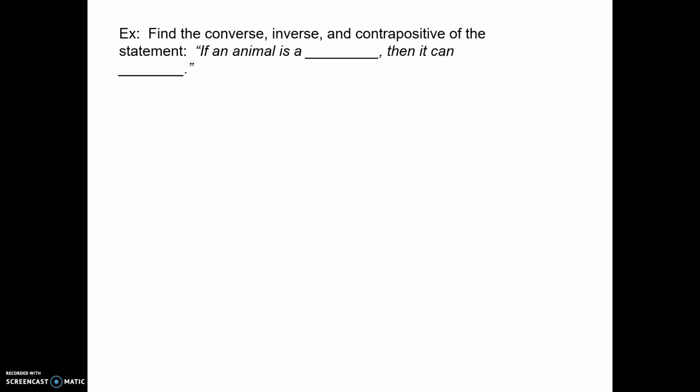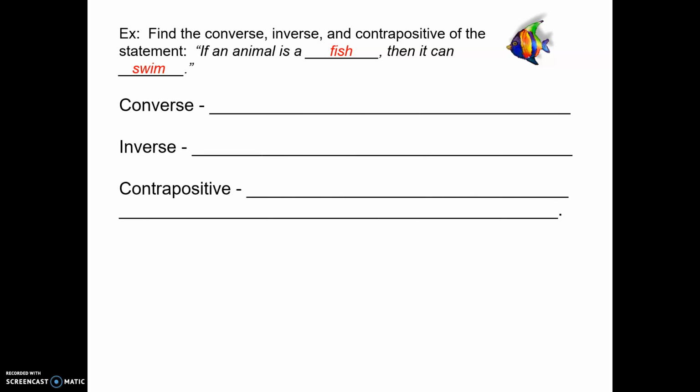So, find the converse, inverse, and contrapositive of these statements. If an animal is a fish, then it can swim. Converse: a really cool swimming animal. Converse is when we switch our hypothesis and our conclusion. So the converse, we're going to say that if an animal can swim, then it is a fish.